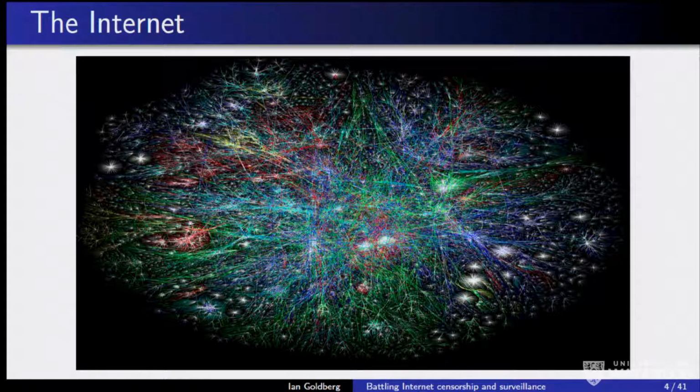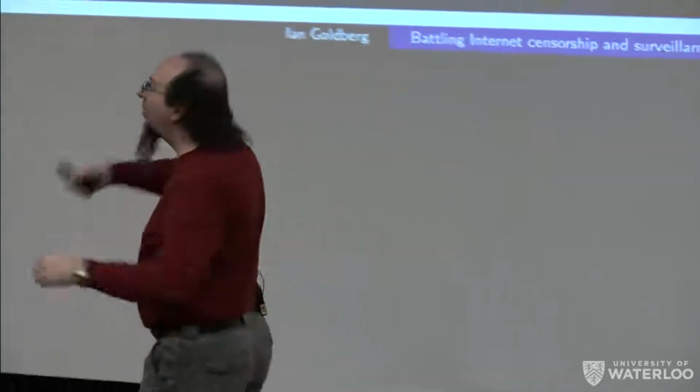And one of the really important parts of the internet is that a computer in one place on the internet can talk to a computer in another place without having to know where physically that other computer is. And the reason this works is that all these computers all over the world speak common what are called protocols.